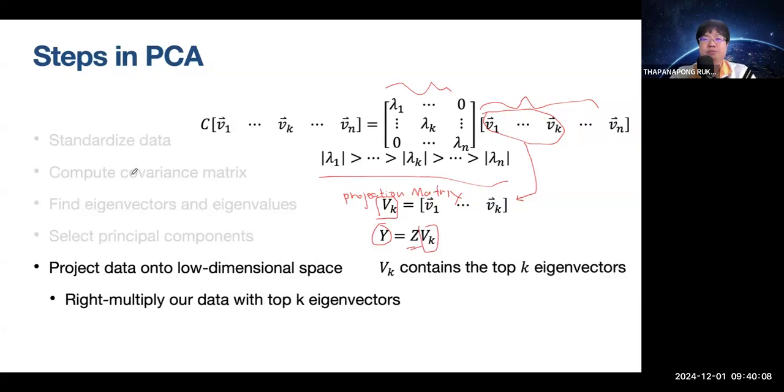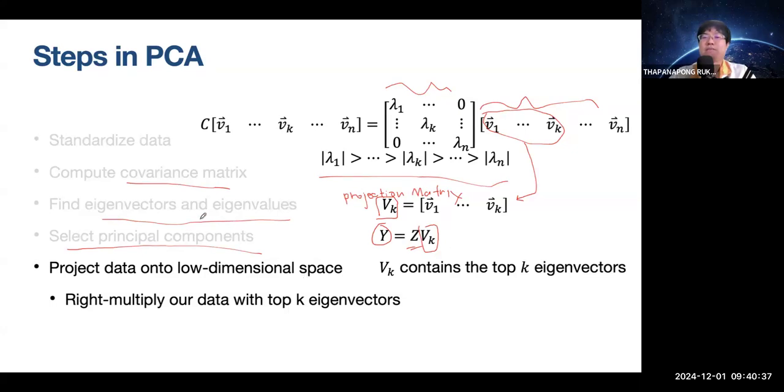So it calculates the covariance matrix, it finds the eigenvectors and eigenvalues, and then you select the principal components, basically your destination dimension, how you want the data to be, and then you project onto the lower dimensional space.